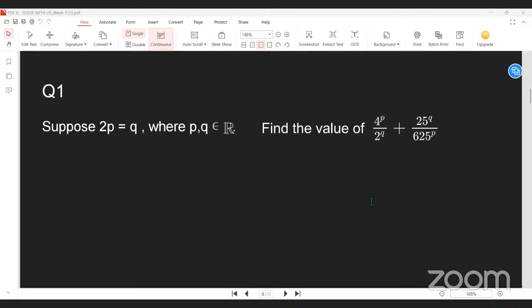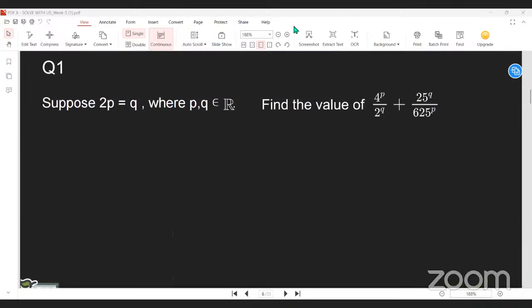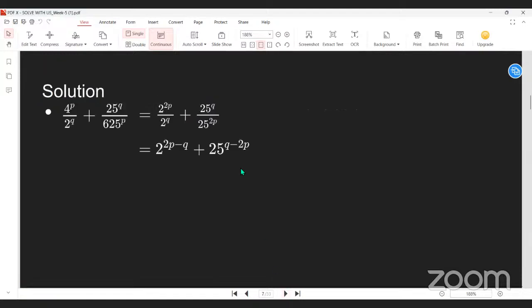Okay, so should I start discussing? This question involves laws of exponents, right? Most of them have given the correct answer. Some of them have given wrong. So Abhishek, how did you get 0 for this?